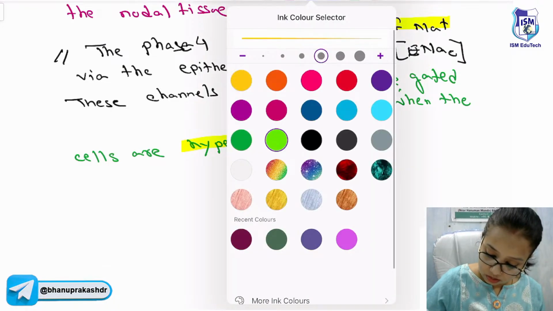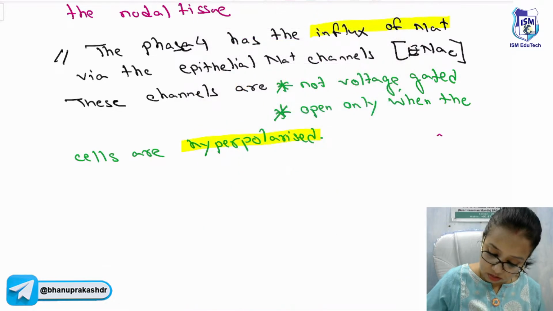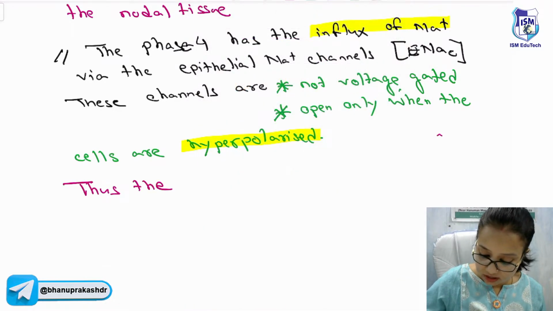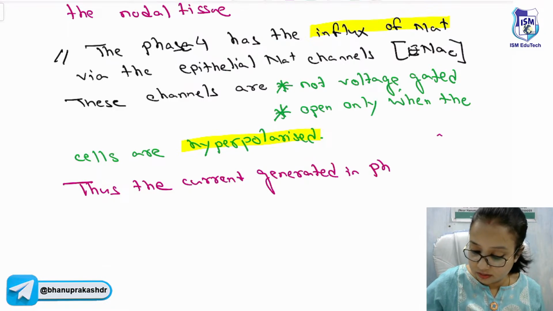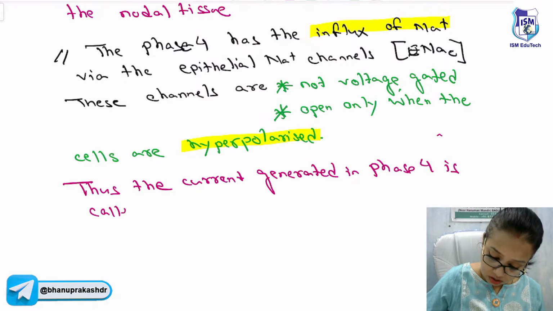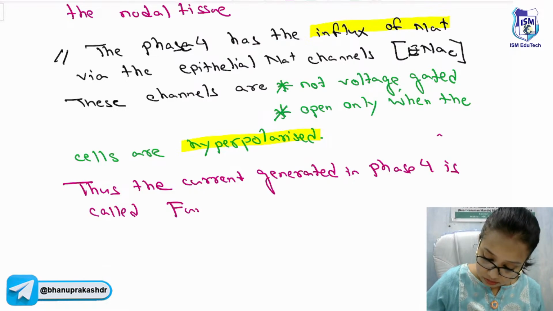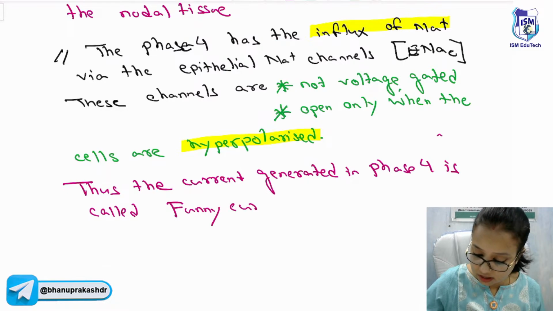Thus, the current generated in phase 4 is called the funny current.